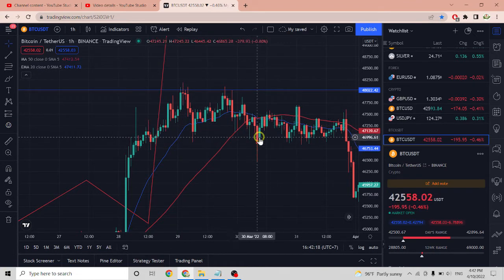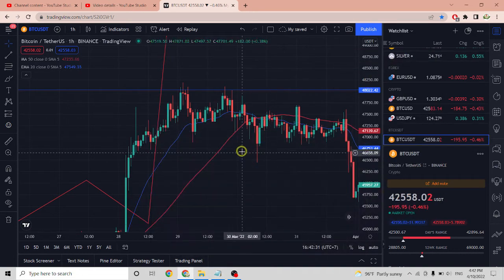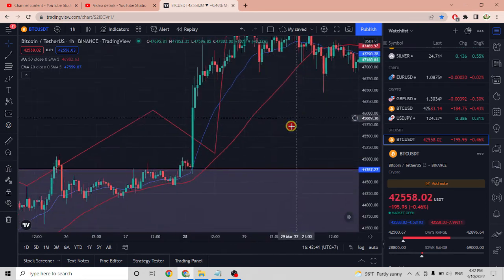If MA is above EMA 20, you can sell. See here, the MA is above the EMA, you can sell here.